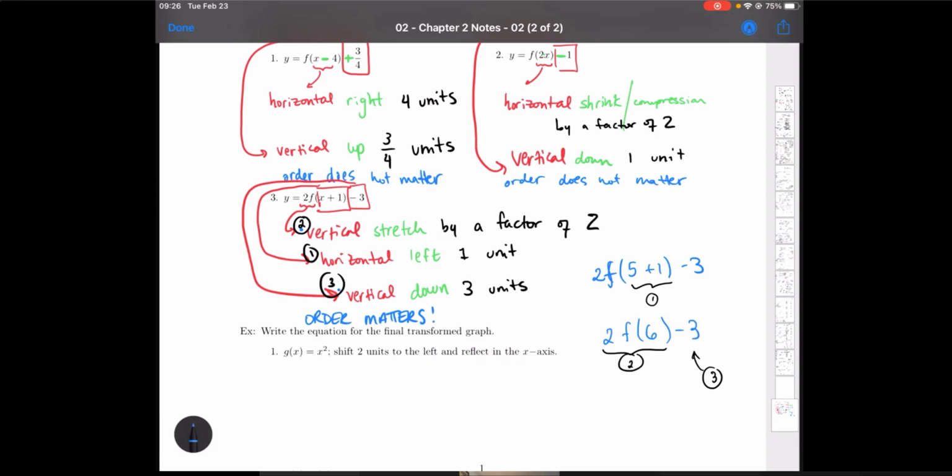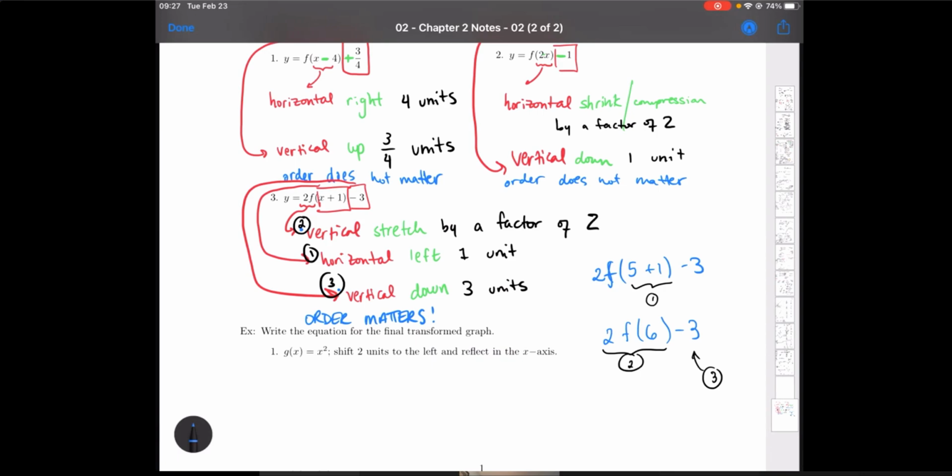And when it comes to the exam or the homeworks, this is probably the best way for you to approach these types of questions: just list out all the different transformations you see, just like what we did. Once you have those down, don't forget to go back and label the order in which to do those transformations.